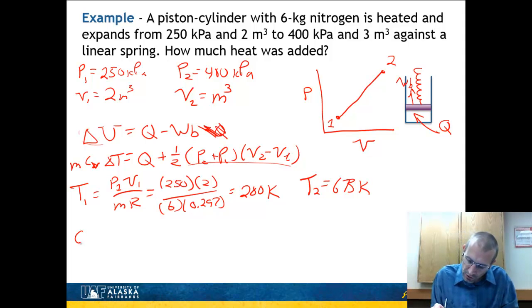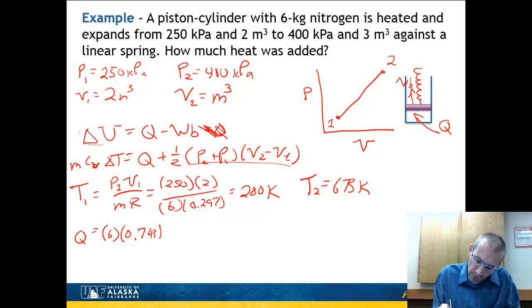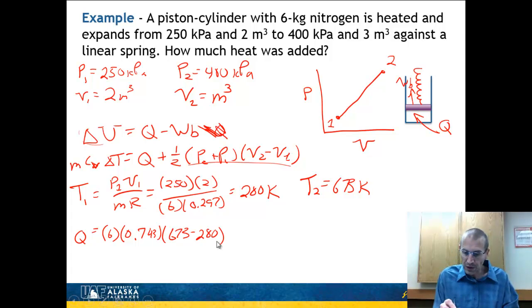So now I can go ahead and solve for Q. Q is equal to the mass, m, C sub V, which is 0.743, times my change in temperature, so 673 is the final, 280 is the initial. And then I need to move my boundary work term over there. Oh, I just realized this shouldn't be a plus there. That should be a minus, right?